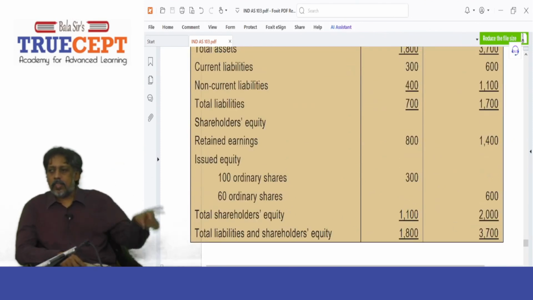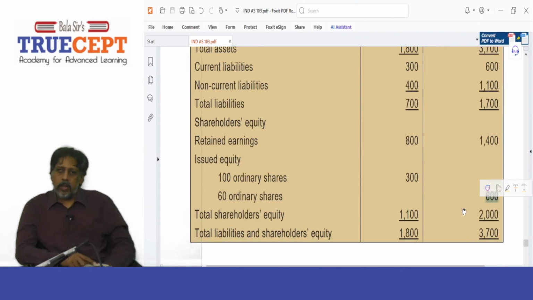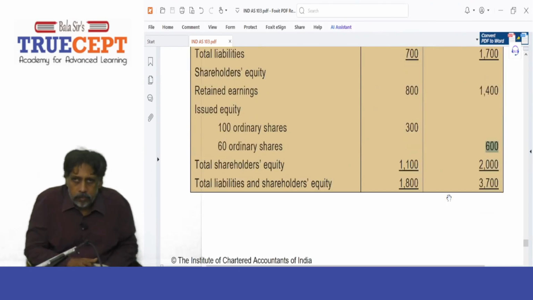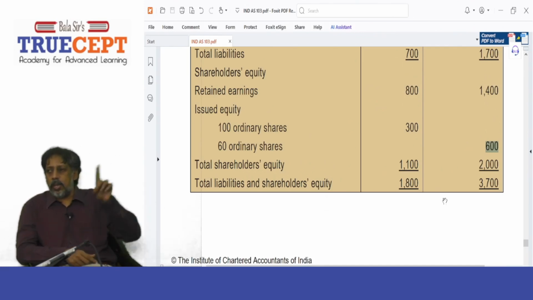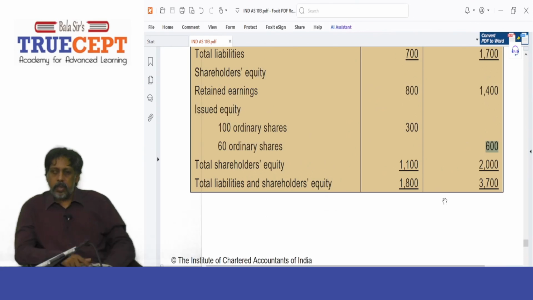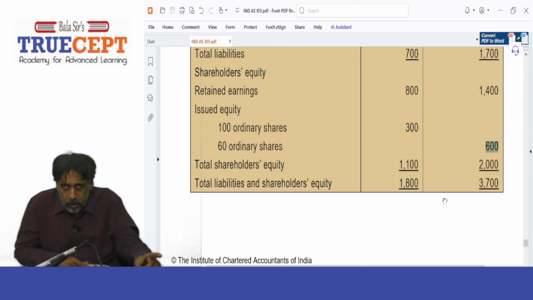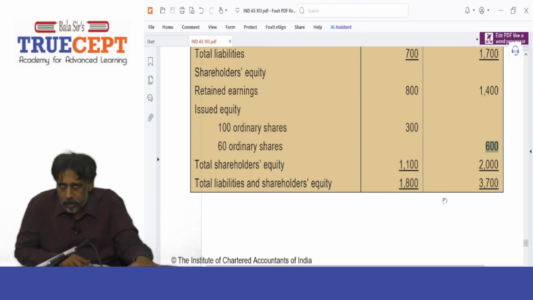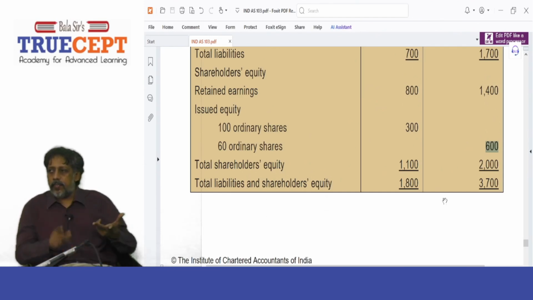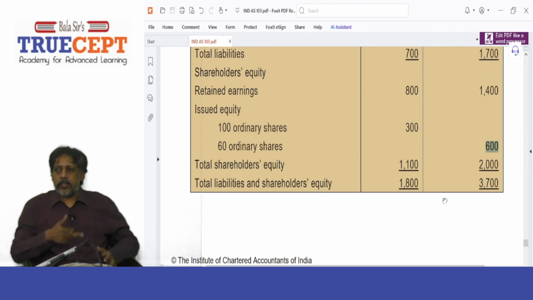That means there are 60 shares in B. You are holding 60 shares in B, and I am offering 2.5 shares in my company A Limited for every one share. What is 60 into 2.5? I am offering 150 shares to you, and I'm going to buy the 60 shares.